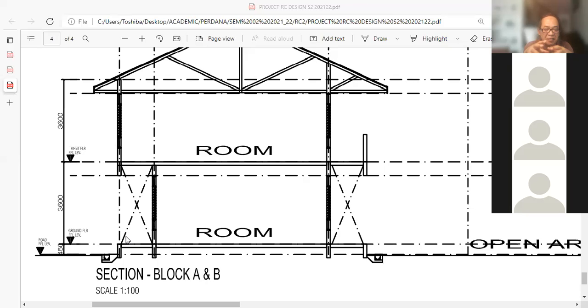So this is the information that we can extract from the architectural drawings, and from that architectural drawings we come to a conclusion in terms of structure. In the structural sense, now we are designing the ground slab to be a suspended ground slab. So this is one of the techniques.